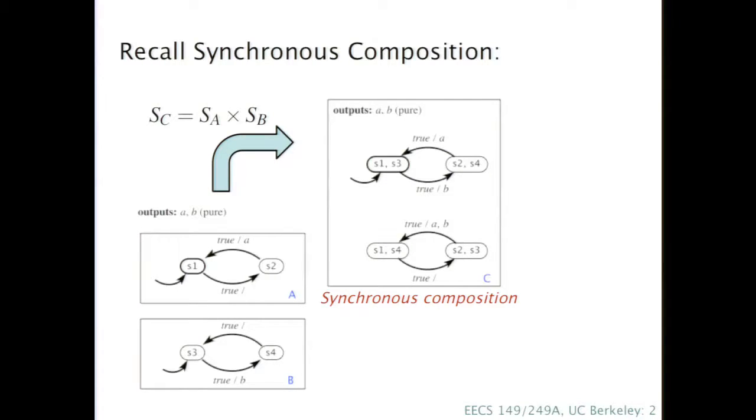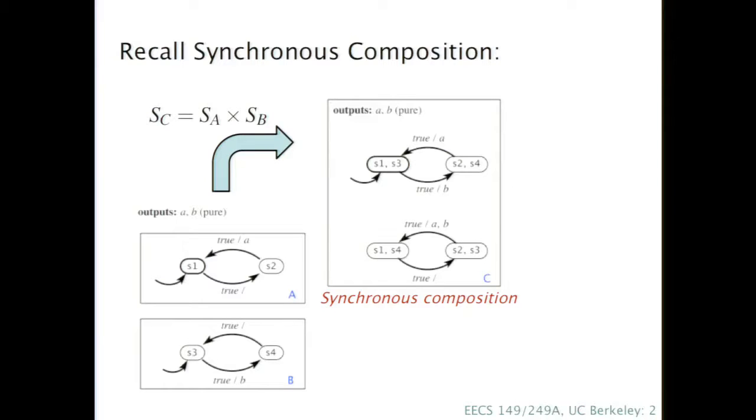Their simultaneous and instantaneous reactions will take you from the initial state, S1, S3, to the next state, S2, S4, in one step, instantly. And you'll produce the output B. And then in the next reaction, when you're in state S2, S4, you will instantaneously go back to the initial state.